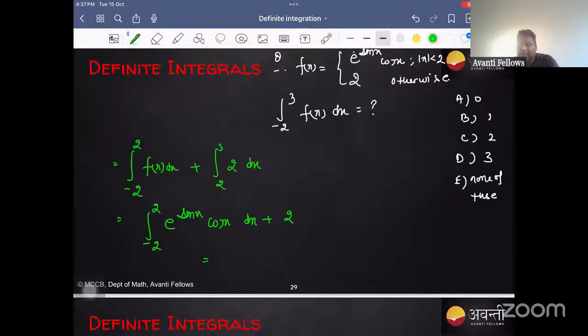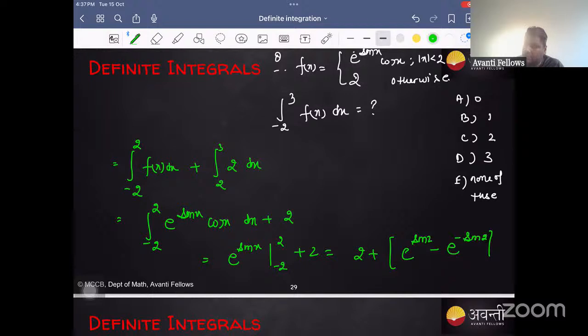Now e to the power sin x into cos x integration is e to the power sin x, because if you use substitution, sin x is t, then cos x dx will be dt. Its limit is minus 2 to 2 and plus 2. So answer will be 2 plus e to the power sin 2 minus e to the power minus sin 2. So E is the correct answer. Got it?